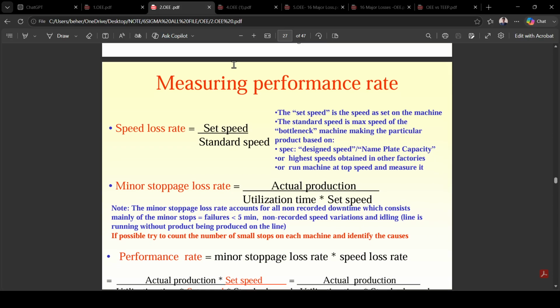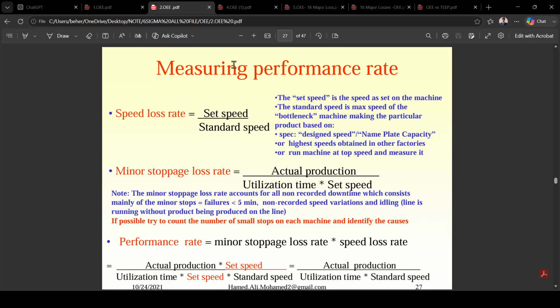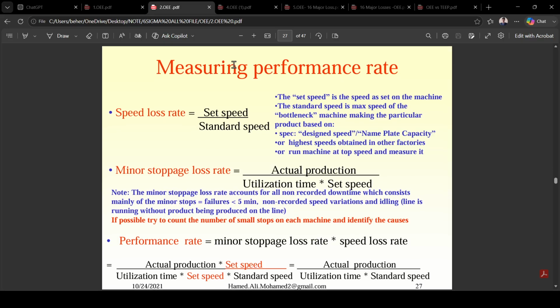Then measuring performance rate. How do we measure speed loss rate and everything? The speed loss rate is set speed divided by standard speed. The set speed is the speed as set on the machine. The standard speed is the maximum speed of the bottleneck machine making the particular product, based on the designated specification speed when capacity is higher.